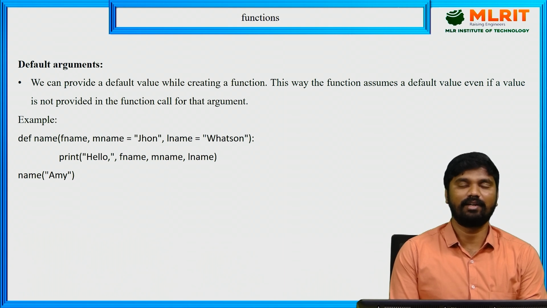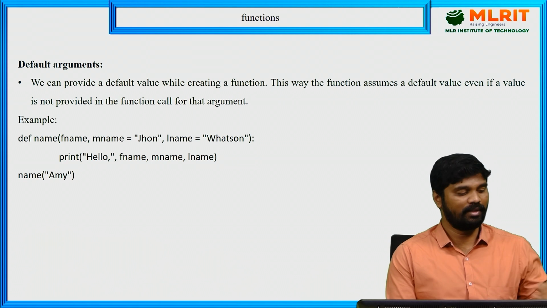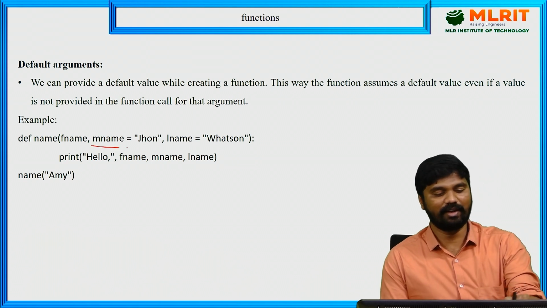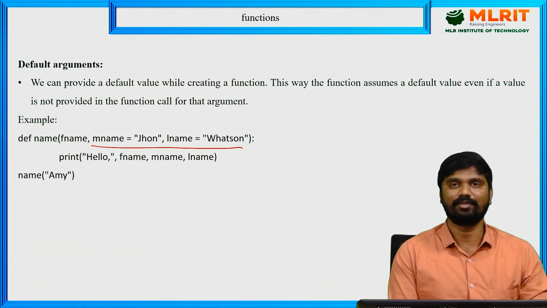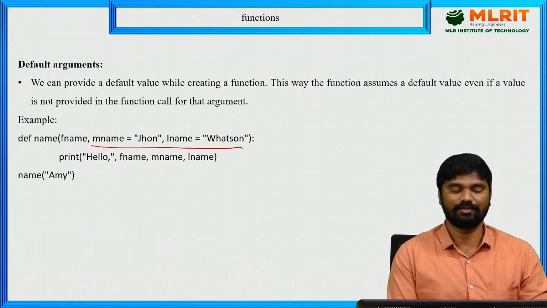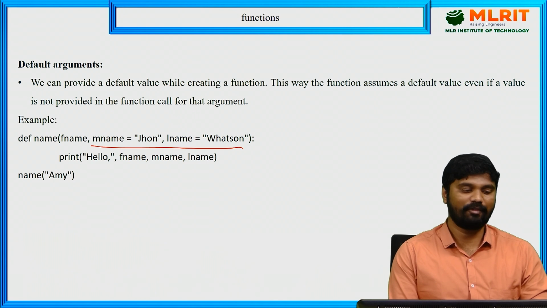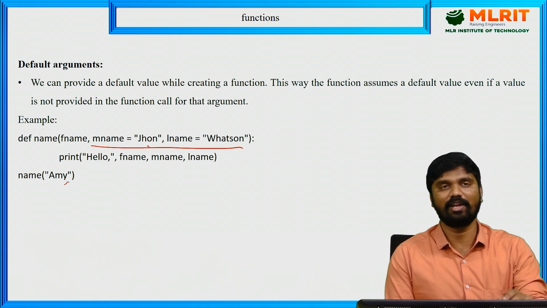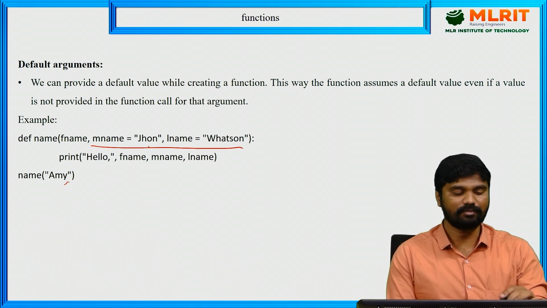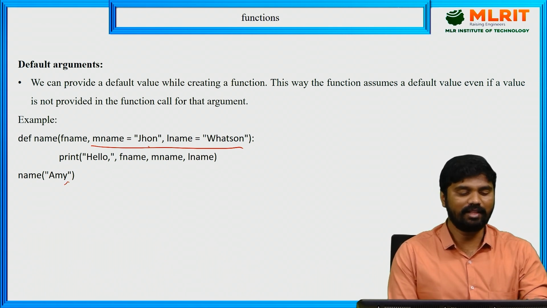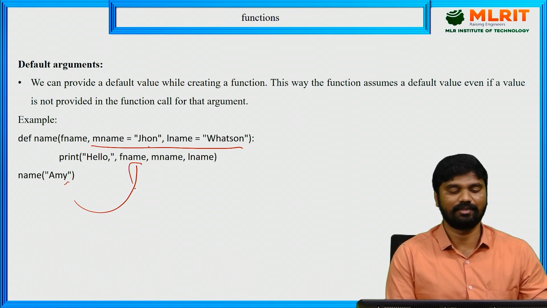That means at the time of function defining, whatever values you pass will be default values. It means if you do not pass any value at the time of function calling, then the default value will be assigned. Or if you pass any value at the time of function calling, then this value will be assigned to this one.